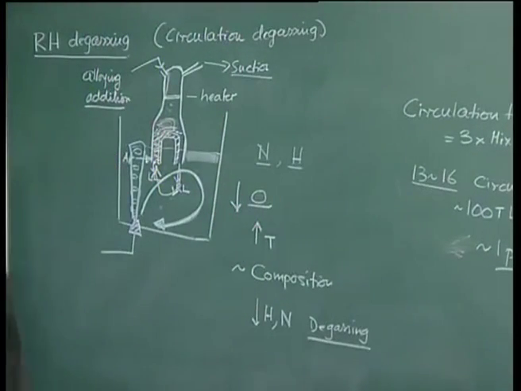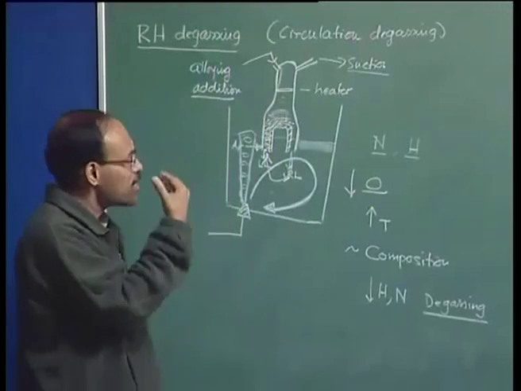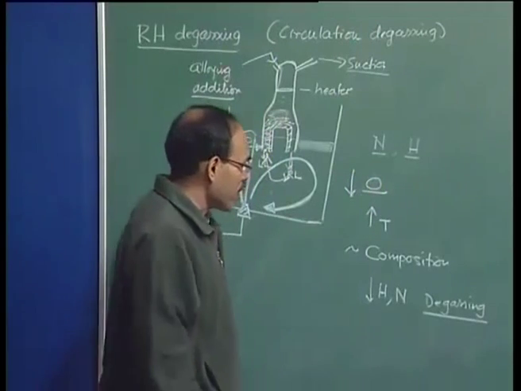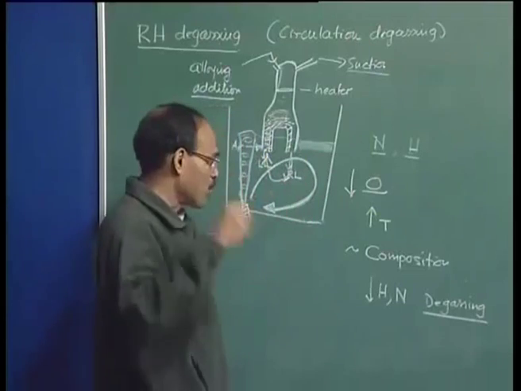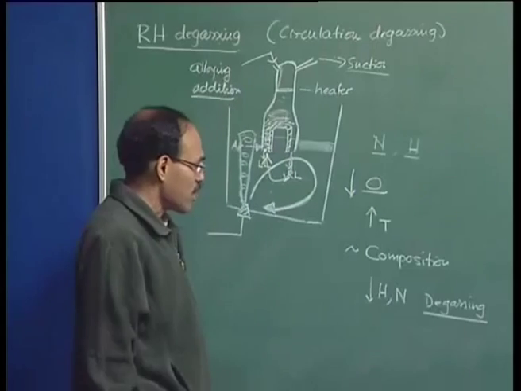So, whatever were the demerits or the problems associated with primary steelmaking, that the material contained a lot of oxygen because of oxidation refining reactions, the composition was not right, only the carbon content was right, and that during tapping or transfer operations we had a lot of pickup of hydrogen and nitrogen.